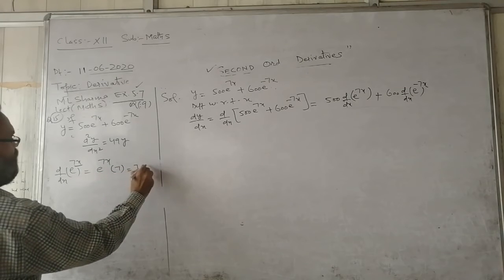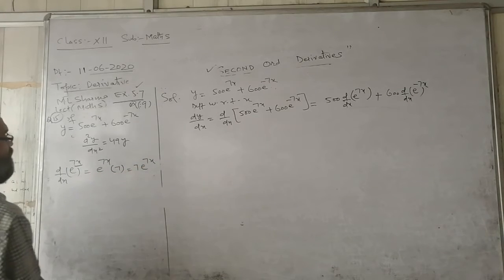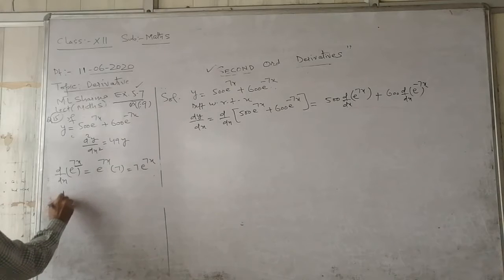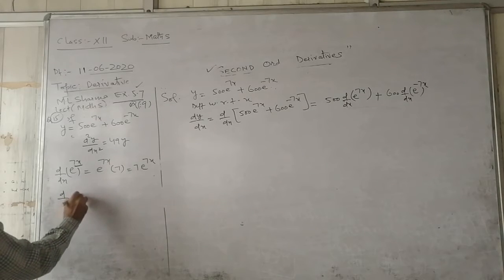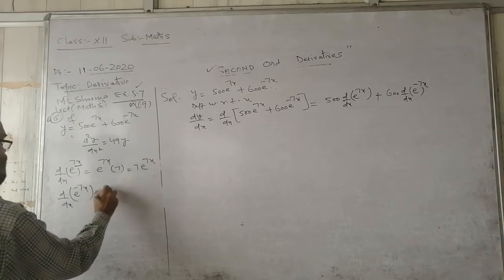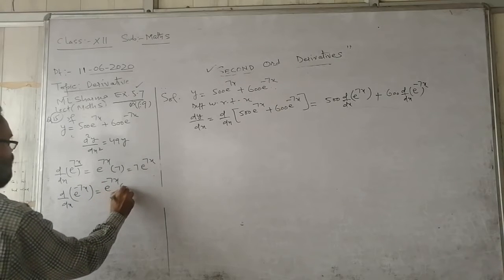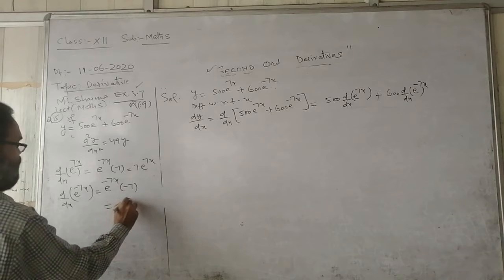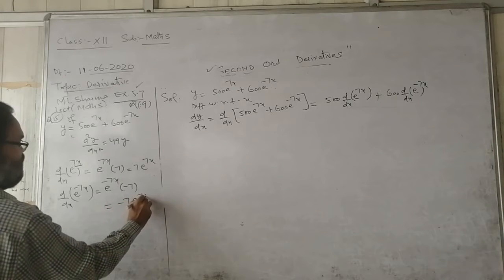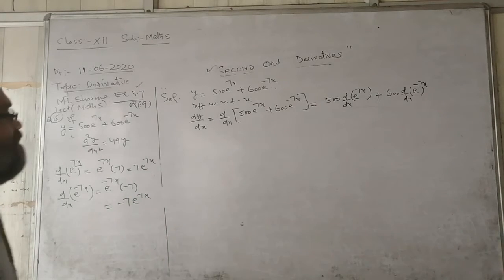That is 7 into e raised to power 7x, and the derivative of e raised to power minus 7x is equal to e raised to power minus 7x into minus 7, that is minus 7 into e raised to power minus 7x.